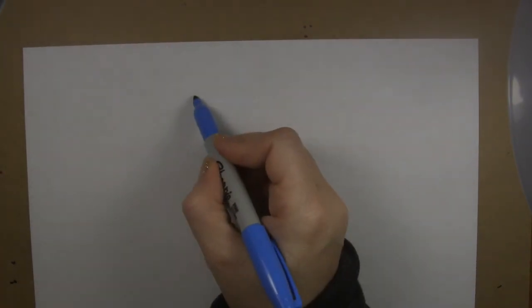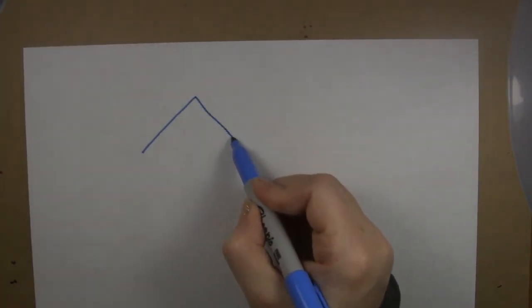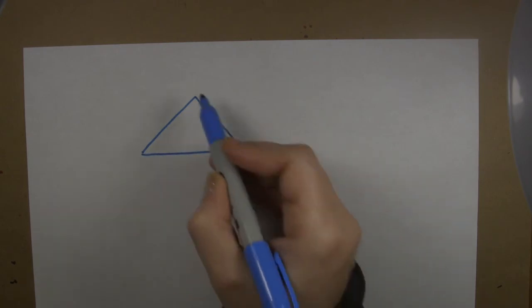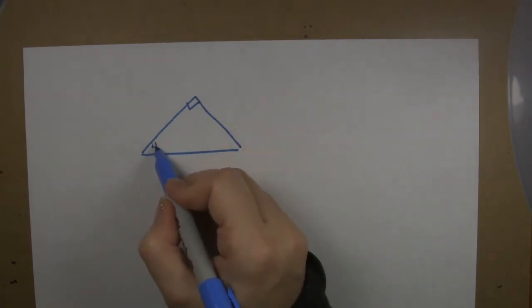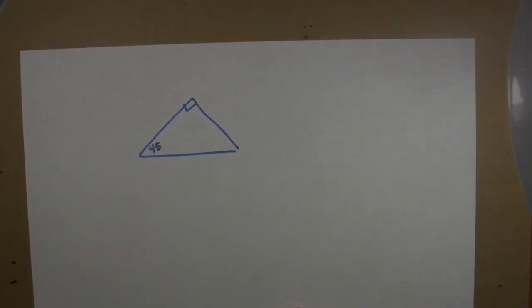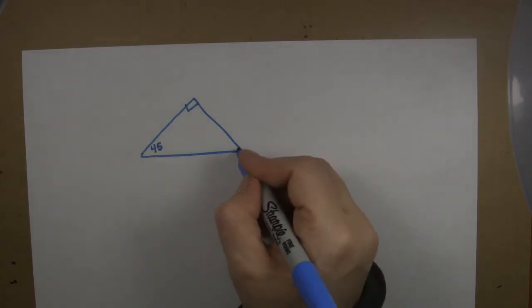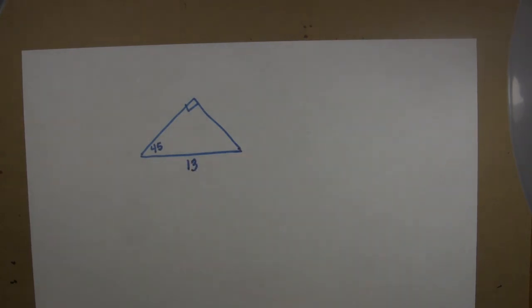Okay, so let's say we have this triangle. And we know that this angle is 45 degrees, and we know that this hypotenuse is 13, okay? 13. So, let's figure out what we have.